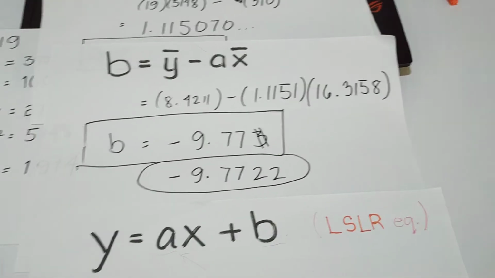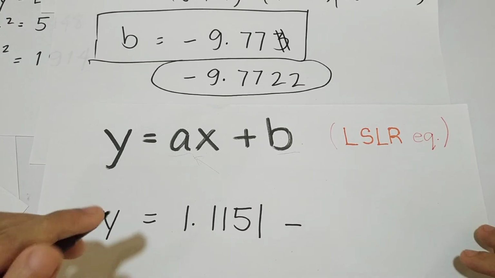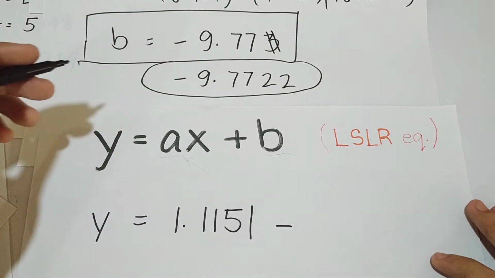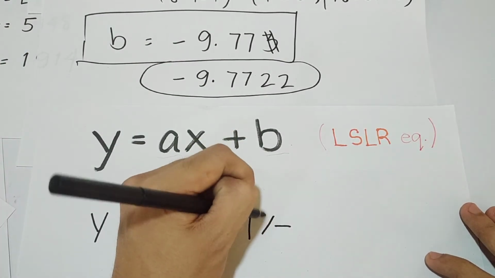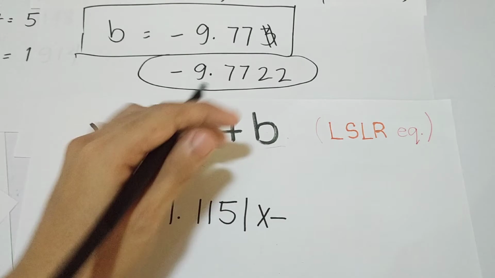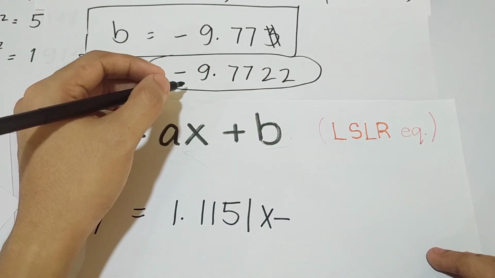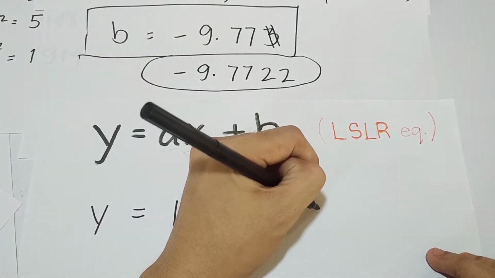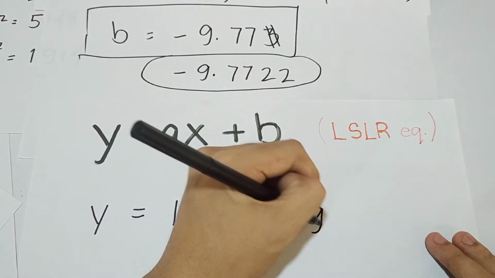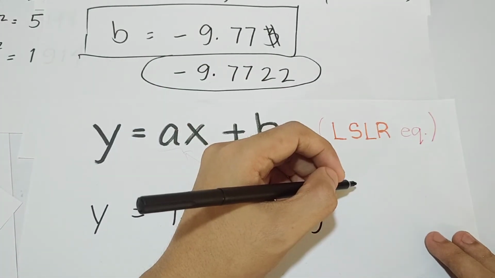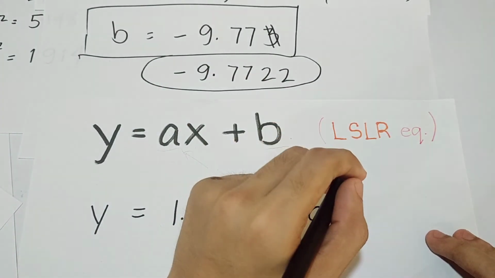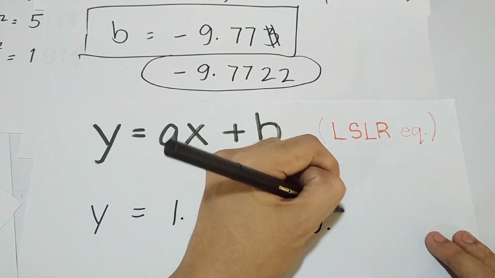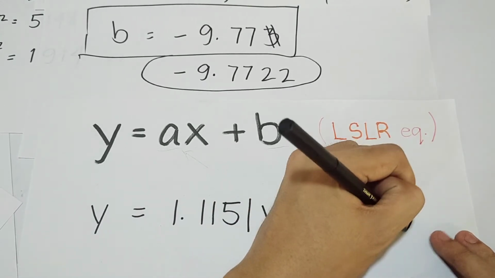So we substitute the value of a, which is 1.1151x. So we simply need to copy up to 4 decimal places. And then the value of b, which is negative 9.7722.